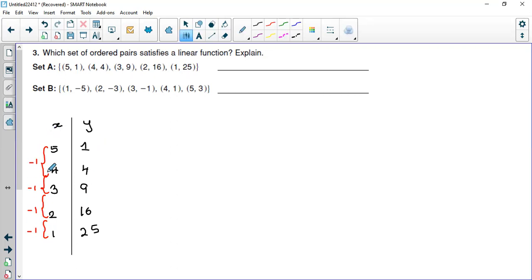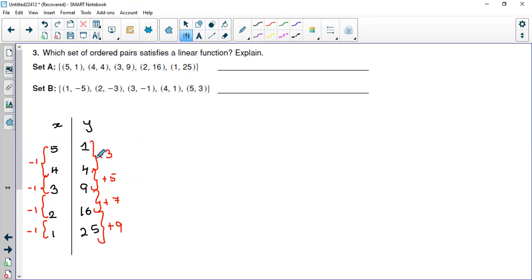Now, all the x differences are constant. All of them are the same. Let's move to the value of y. 1, of course, plus 3 would give us a 4. Then 4 plus 5 would give us a 9. 9 plus 7 would give us a 16. 16 plus what would give you a 25? 16 plus 9 would give you a 25. So literally we are finding the differences among them.